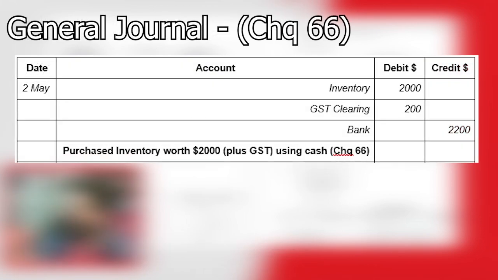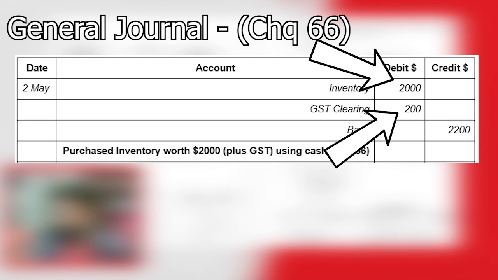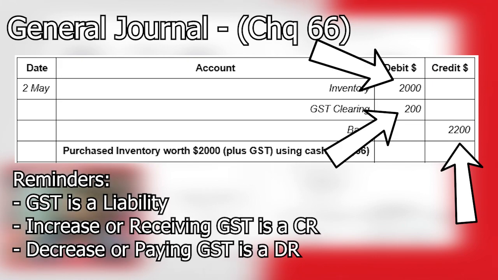You see here, date 2nd of May, the account inventory, debit 2,000, GST 200, also a debit, and bank 2,200 on the credit side. So this time when we pay something, the GST clearing is on the debit. When we received it, it's a liability.